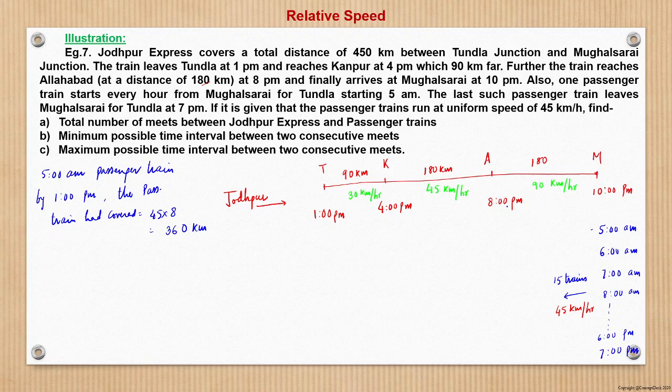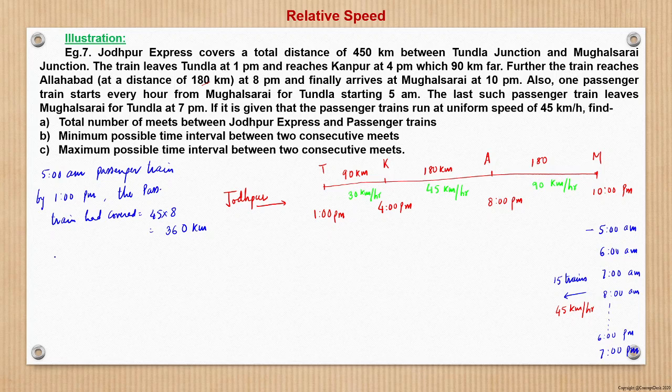So it had already covered 360 kilometers. At 1 p.m. Jodhpur was at Tundla Junction, whereas the first passenger train was 360 kilometers from Mughal Sarai, that is at Kanpur junction, right? So certainly these two trains will meet at some time.